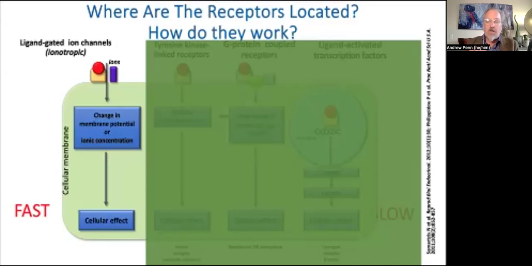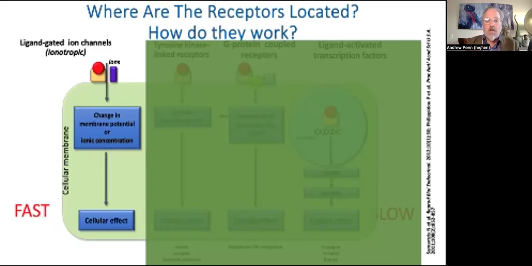So positively charged ions are cations, negatively charged ions are anions. So those will float through that tube that the receptor is comprised of into the intracellular space. And depending on if those are positively or negatively charged ions, it's going to have some influence on whether or not that cell fires.